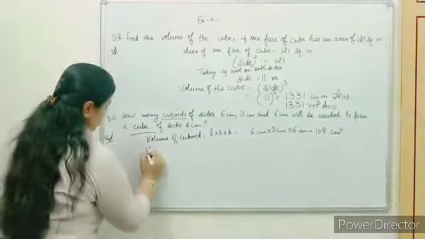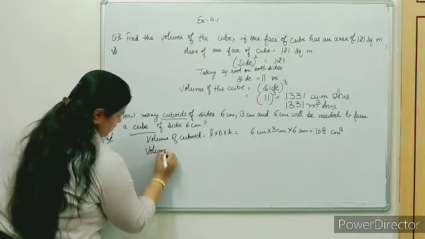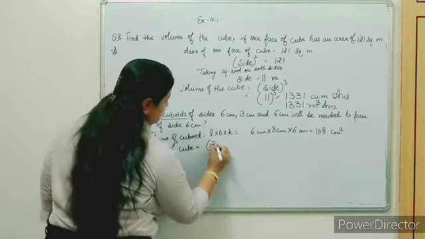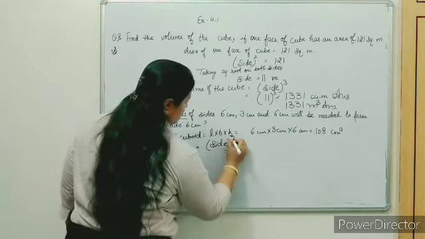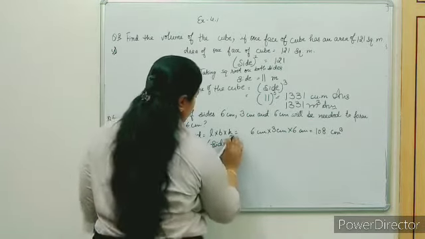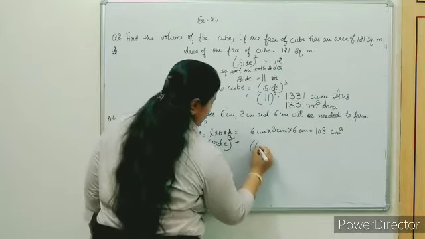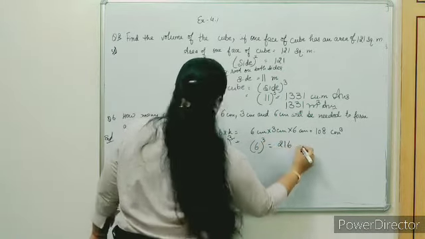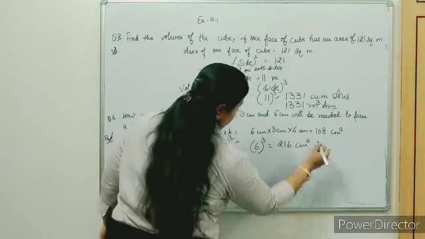Now calculate the volume of the cube, and it is side cube. So it will be cube of 6, and it is 216 centimeter cube.